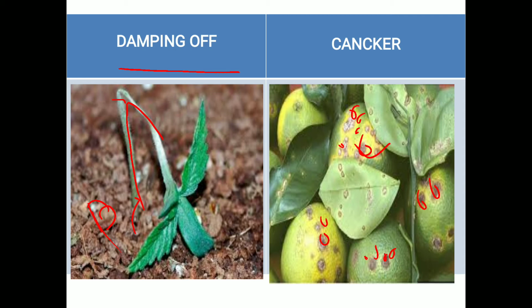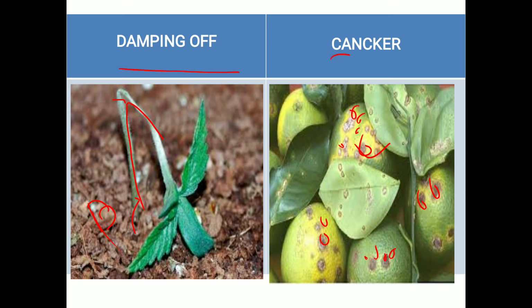In such crops, damping off disease is observed due to infection by a soil-borne pathogen called Pythium aphanidermatum, or due to the fungus Pythium. For control of damping off, first of all we fumigate the soil with formaldehyde at a rate of 4%.